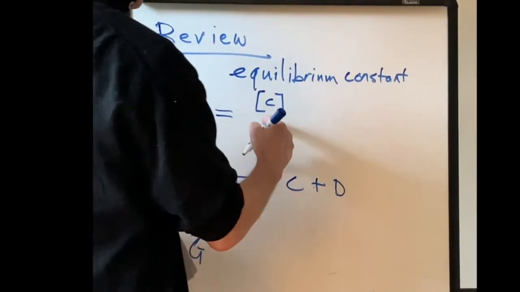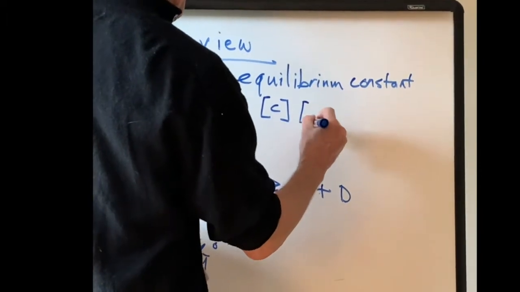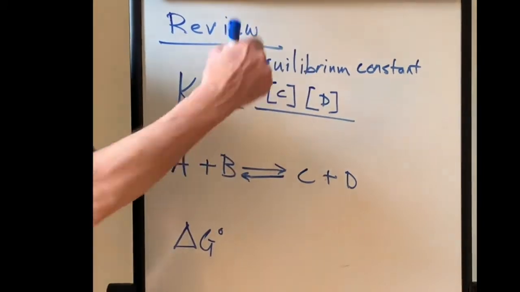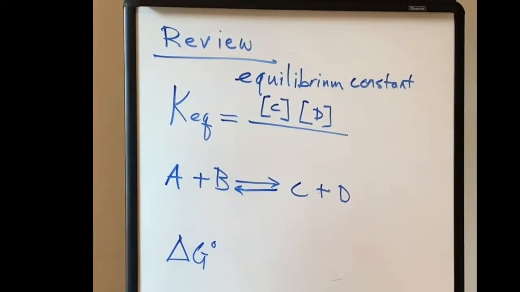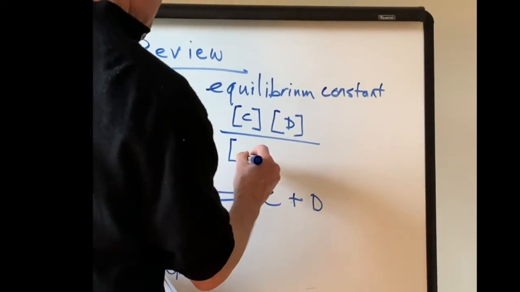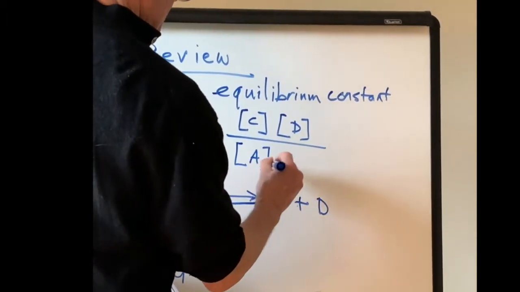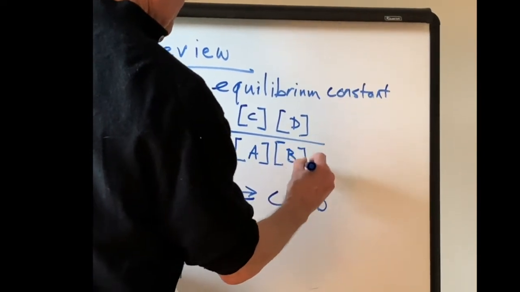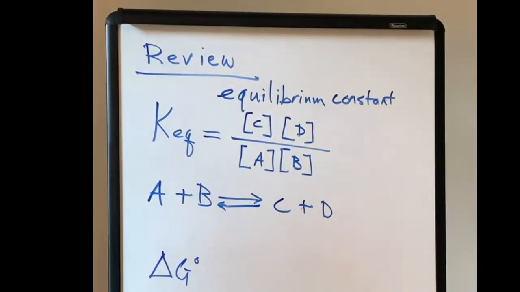The molar concentration of C times the molar concentration of D, that is, the product of molar concentrations of the chemical products, over the product of molar concentrations of the reactants.